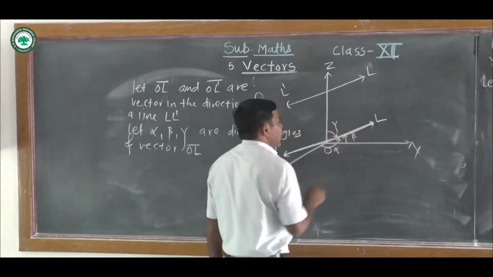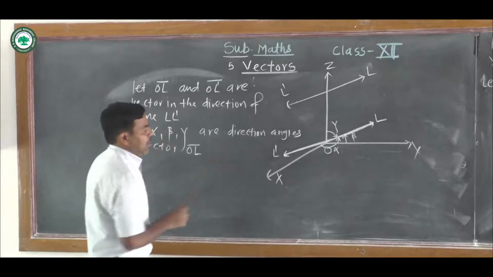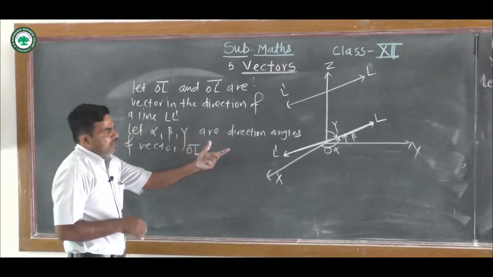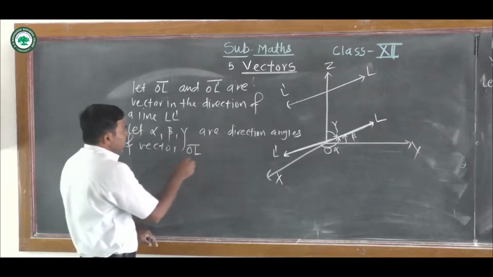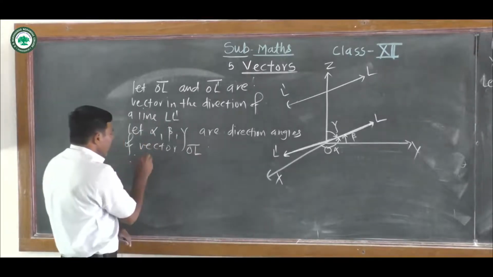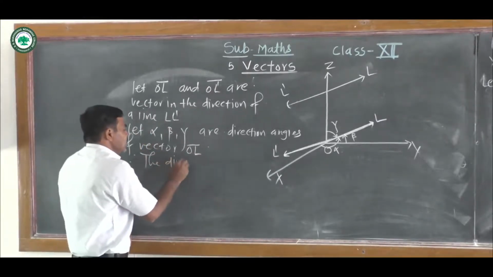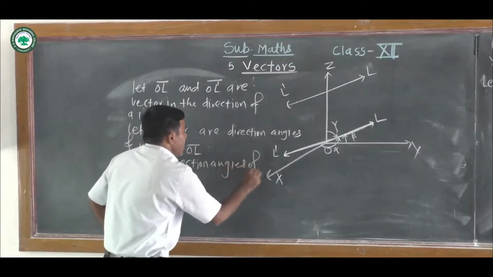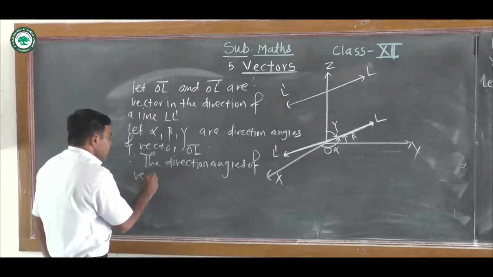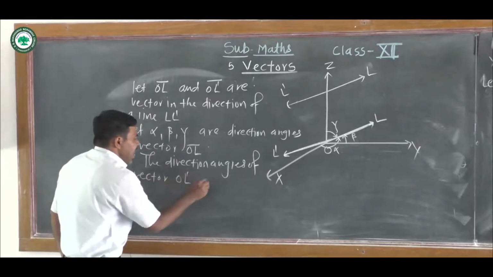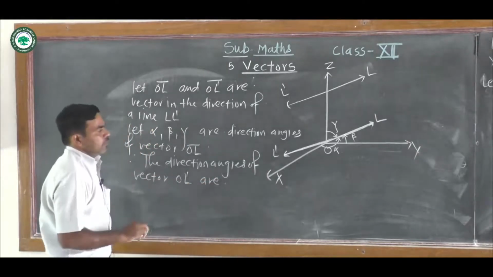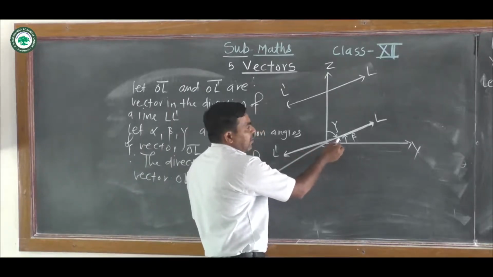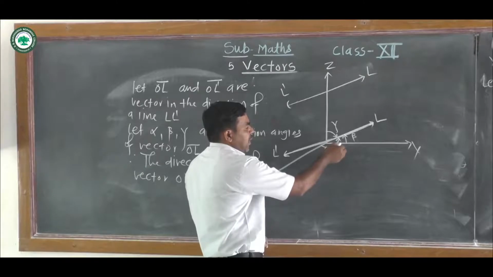So these are the direction angles of the vector OL. So therefore the direction angles of vector OL dash are, see, this is the angle made by vector OL with positive x-axis.